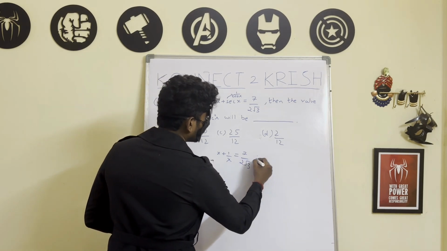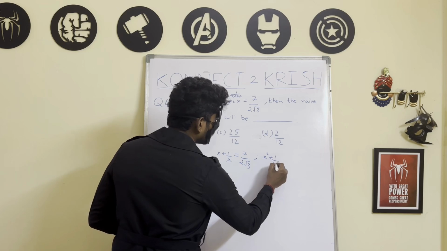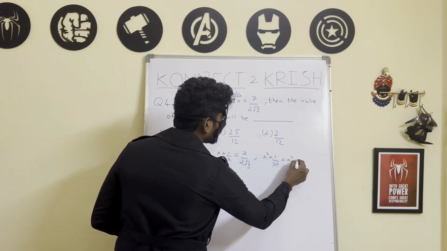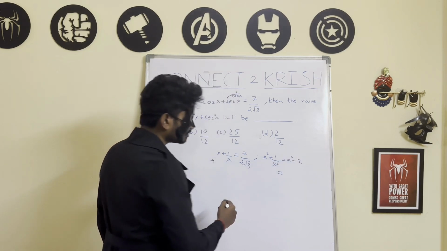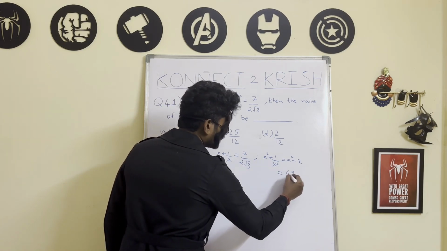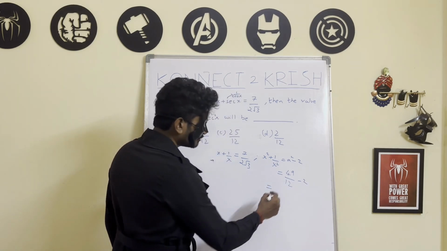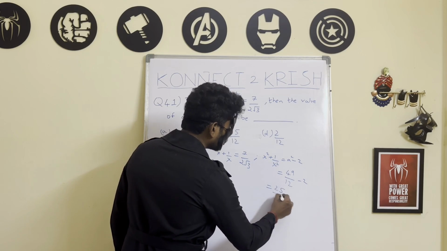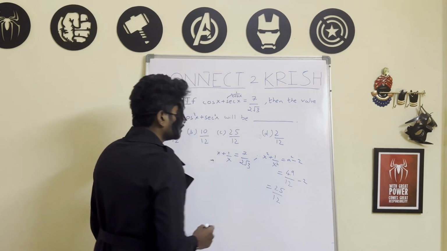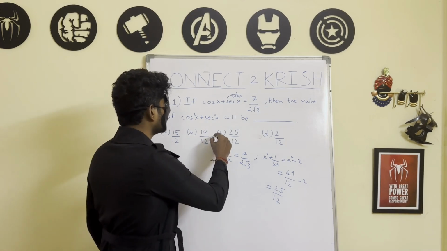It is asking us the value of x square plus 1 by x square. We know that it is equal to a square minus 2, which is 7 by 2 root 3 whole square, that is 49 by 12, minus 2, that is 49 minus 24, which is 25 by 12. So option C is right.